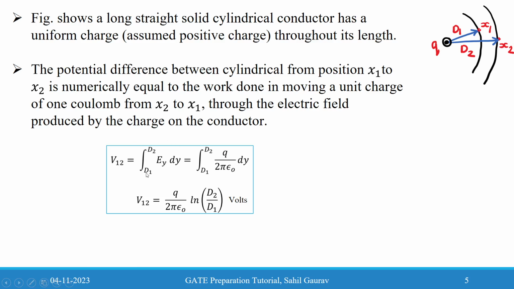We integrate from d1 to d2 the electric field E times dy, and we find the electric field intensity from Gauss's law, and we got this one, Q divided by 2 pi epsilon naught y, dy. So we will get this potential difference between point 1 and 2, where V12 is the voltage at x1 with respect to x2.